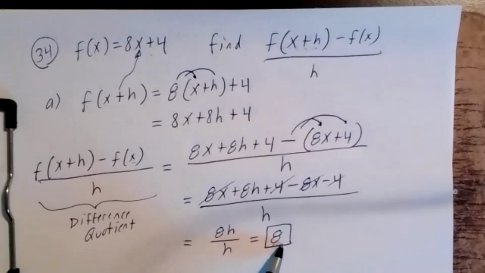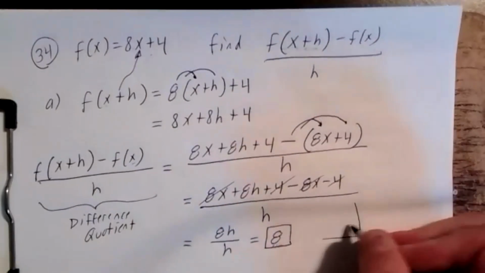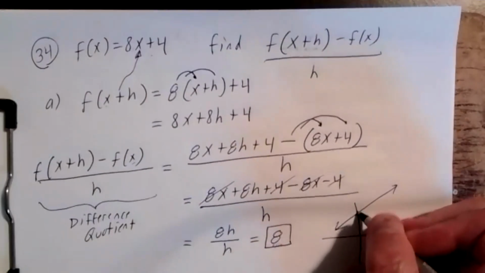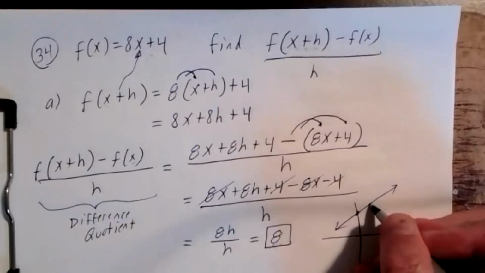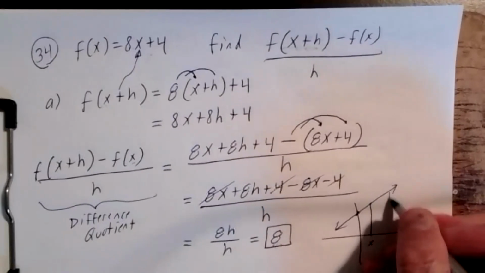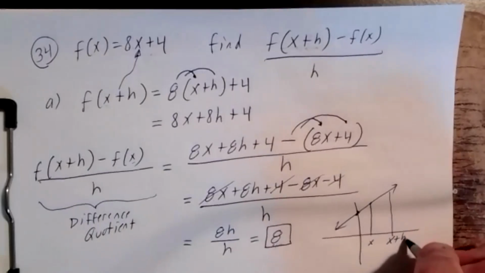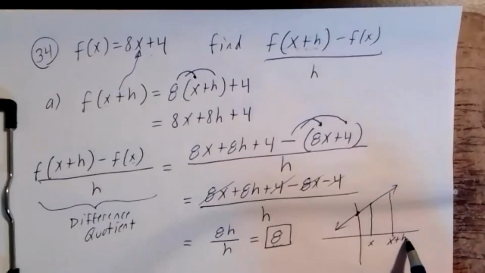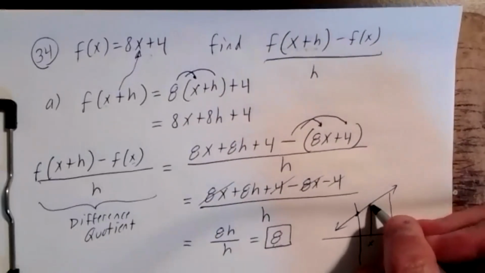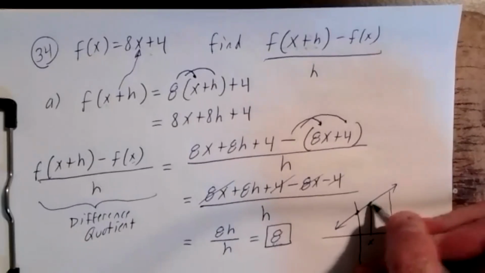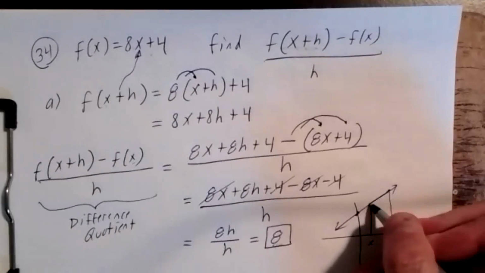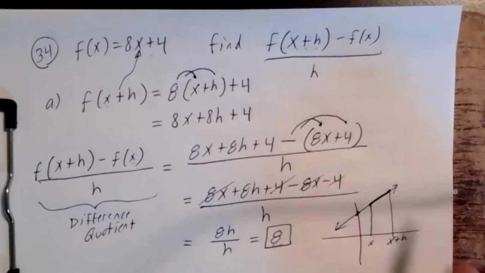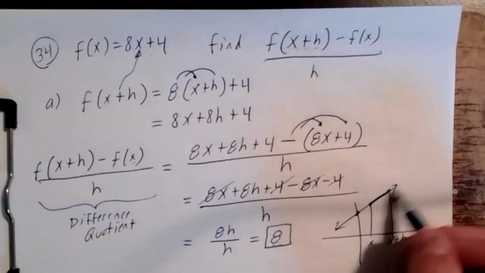It has to be 8. Because if you graph 8x plus 4 in the xy plane here, the graph is going to be this right here. And if you choose the interval from x to x plus h, you can see that the slope of this secant line that connects these 2 points is going to be equal to the slope of the line itself.